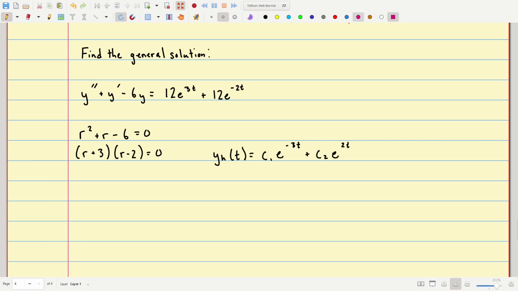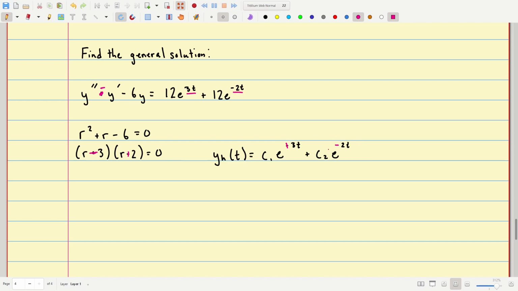Now, if we compare this to our right-hand side, this problem is in your textbook basically to be anxiety-inducing. Because if it had been the case that these signs had been different, for instance, if the original problem had been written so that this was a minus sign instead, which would make this negative and this positive, then we would have the case of this being positive and this being negative, and the coefficients would match.